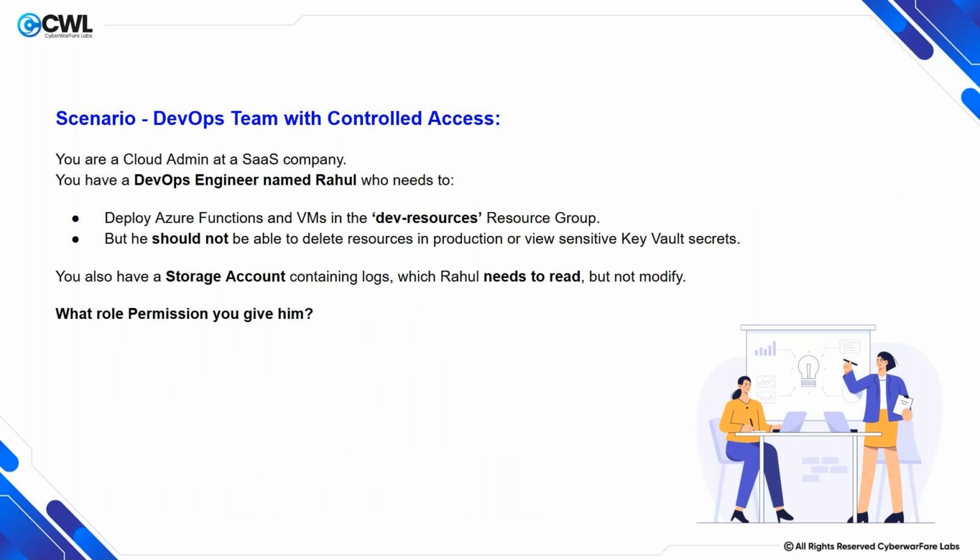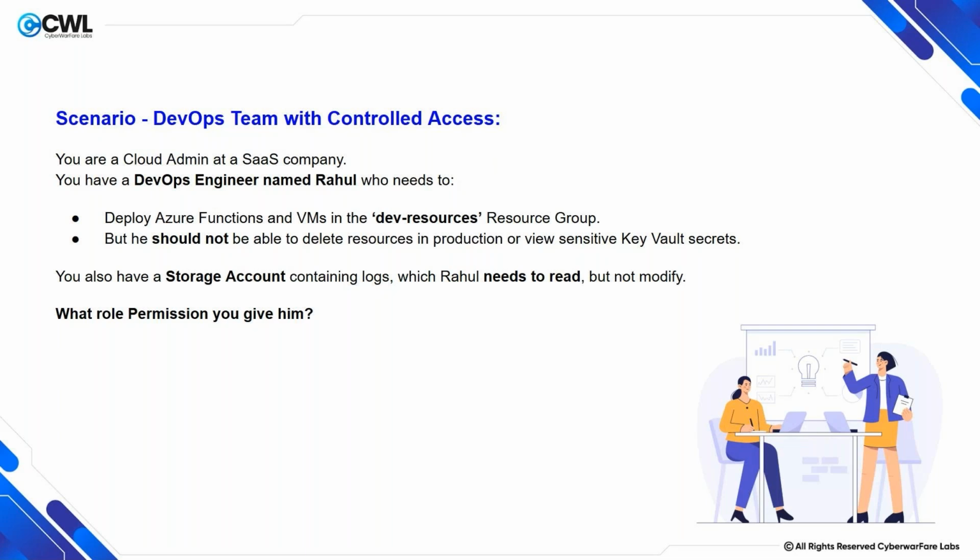So here we have one scenario to better understand all the concepts. Let me walk you through this scenario. The scenario is of a DevOps team with controlled access. Okay. So let's say you are a cloud admin at some SaaS company.